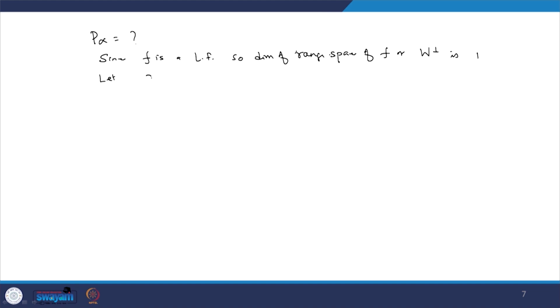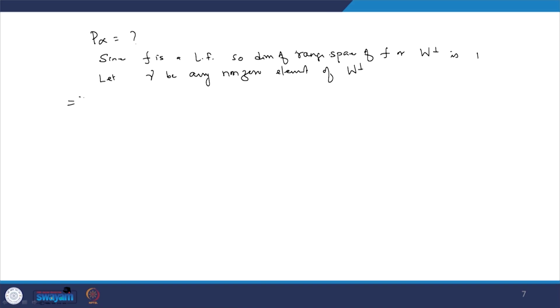Let gamma be any non-zero element of W complement. So, I can say gamma will basically be a basis for the W complement, because the dimension of the space W complement is 1. So, certainly if I take a singleton non-zero element gamma which belongs to W complement, it will act as the basis.